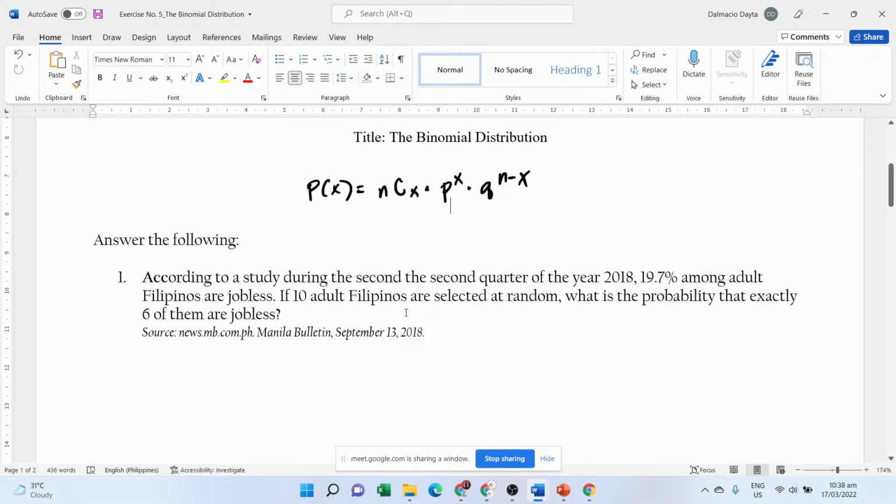Okay? So ito yung ating susunod na formula. So for problem number 1, we're looking for the probability that exactly 6 Filipinos are jobless. So let us have the representation here.